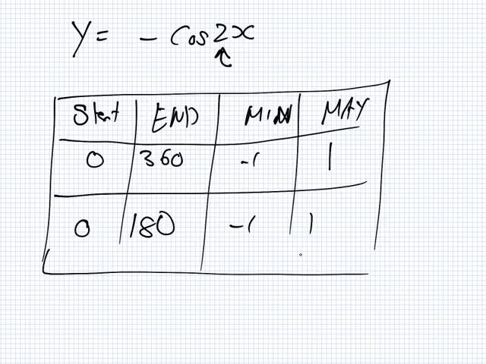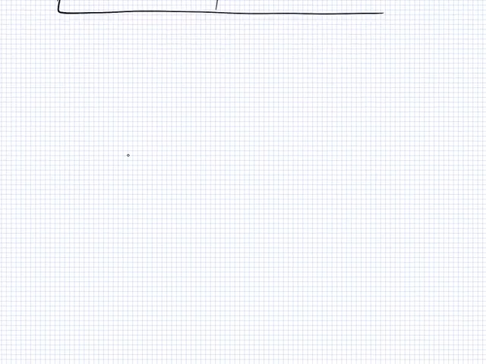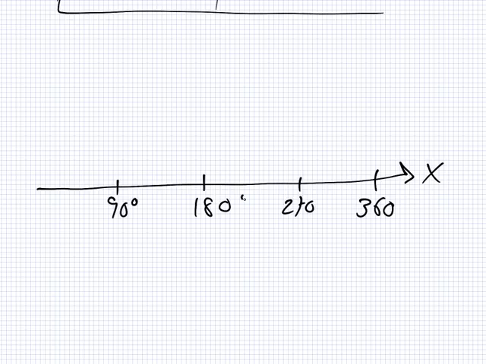So now we can draw the graph. Also, don't forget about the minus. What does the minus do? Flips it, yeah. So, if I have my graph like this, here we go. This is the x. This is 360, 180, 90, 270.